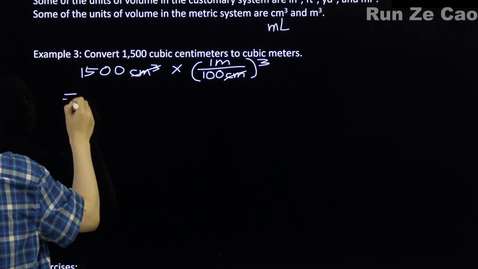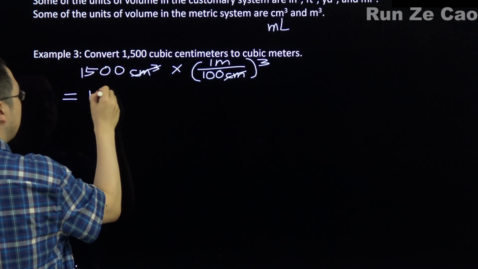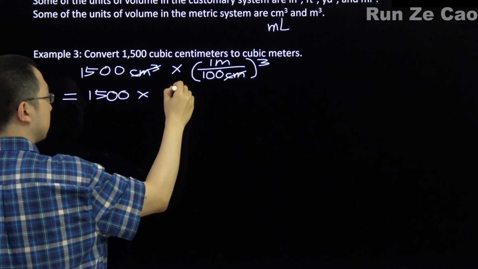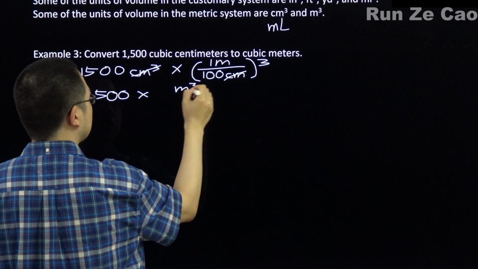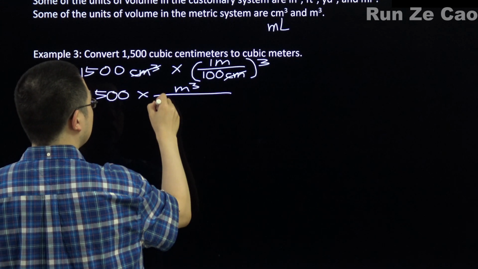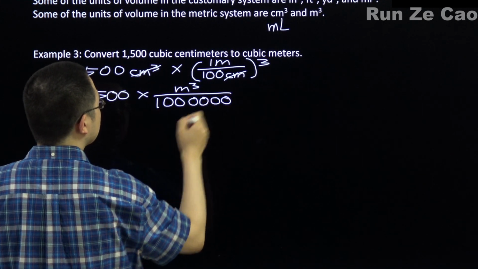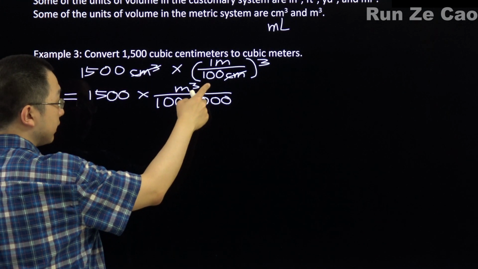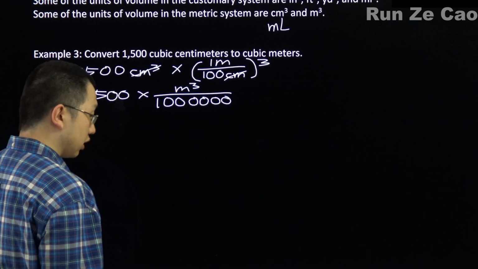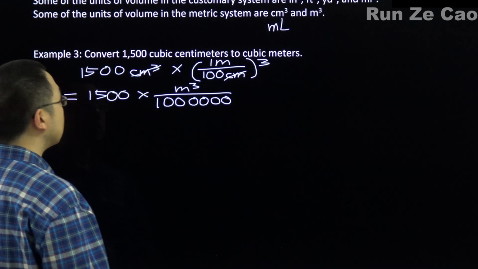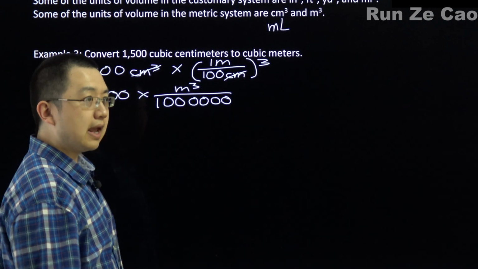So that means you're dealing with 1,500 times meter cubed over a million. 100 centimeters may be equal to 1 meter, but that means 10,000 square centimeters equals 1 square meter.